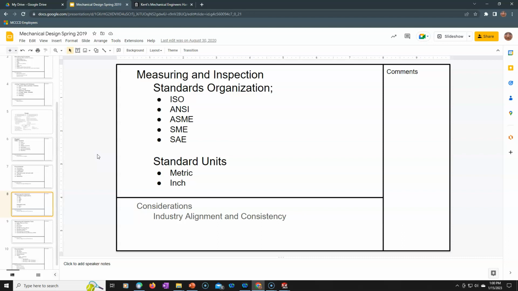The American National Standards Institute takes the specifications from the Society of Manufacturing Engineers, the American Society of Mechanical Engineers, and the Society of Automotive Engineers, brings those into that group and says these are the standards, so that we have that direction common to all industries. And then of course metric and inch, and the consideration, again, of alignment and consistency.